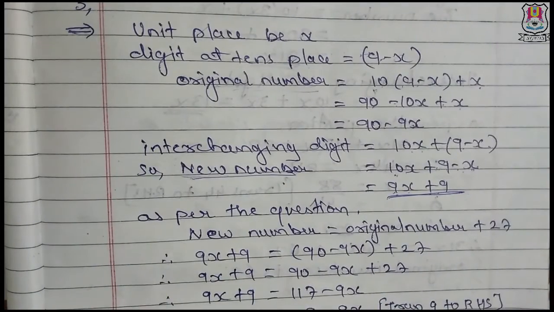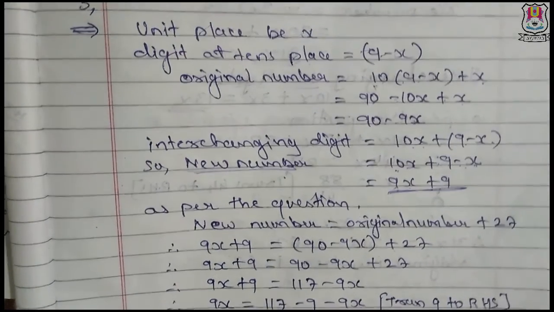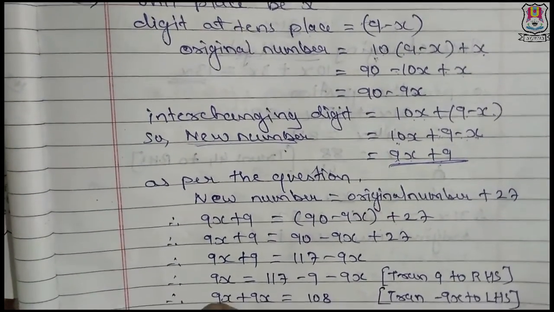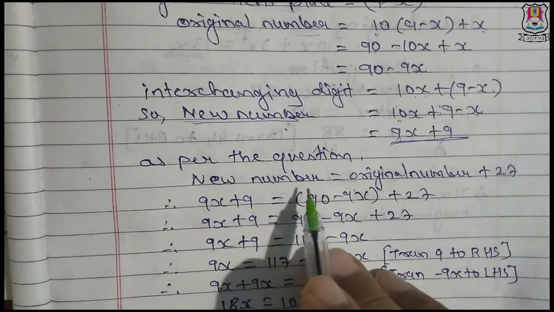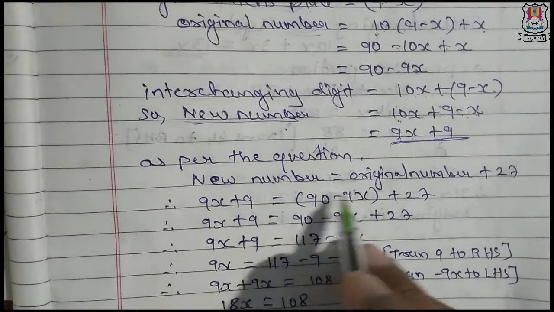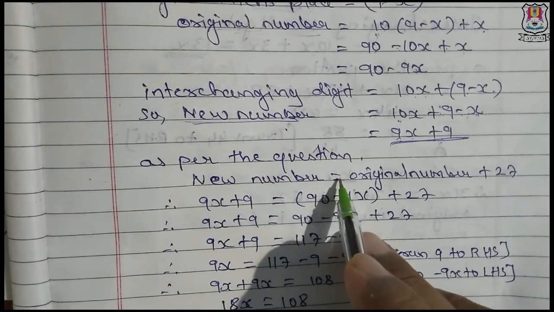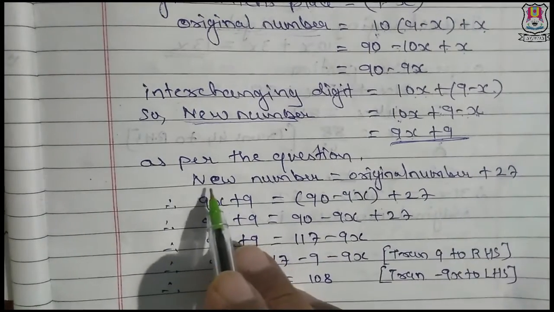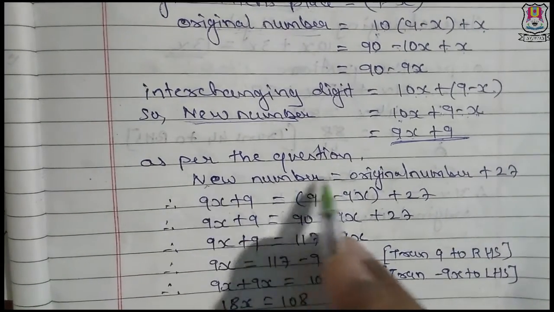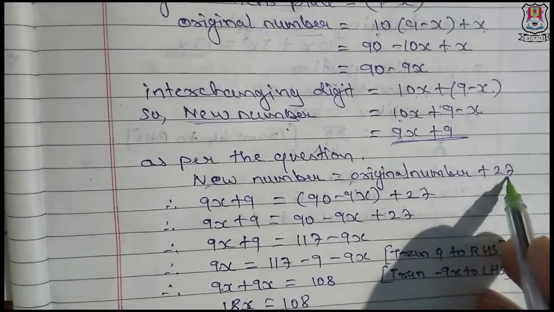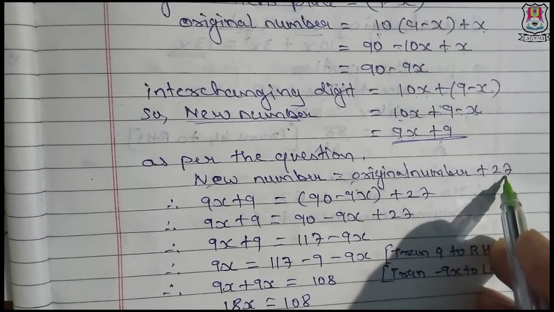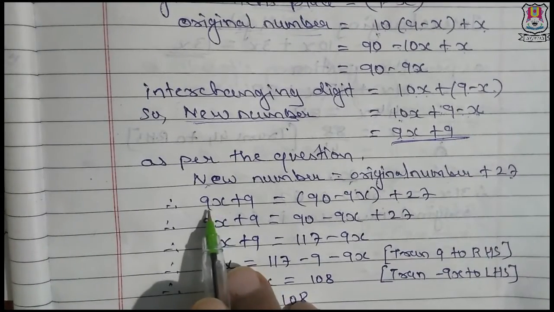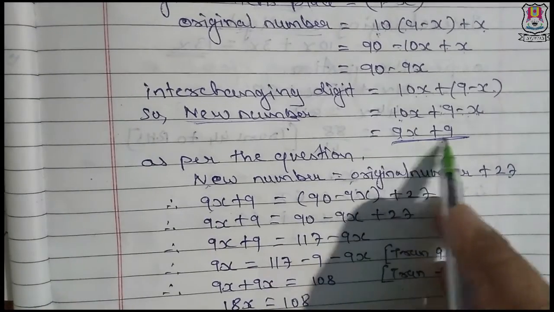So now as per the question, the new number that we are obtaining after interchanging is 27 more than the original number. So therefore, what is the equation? The new number is equal to the original number plus 27, as per the question. So what was the new number that we got? 9x plus 9.